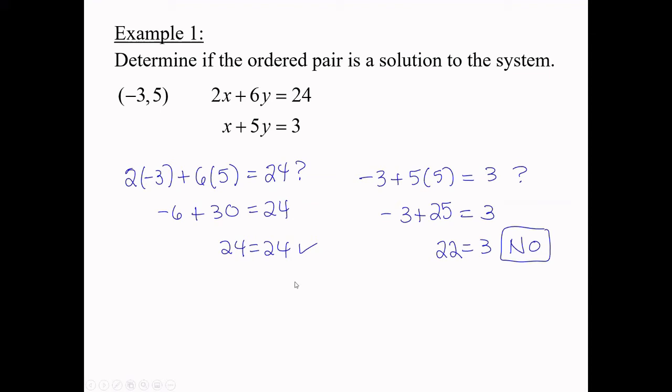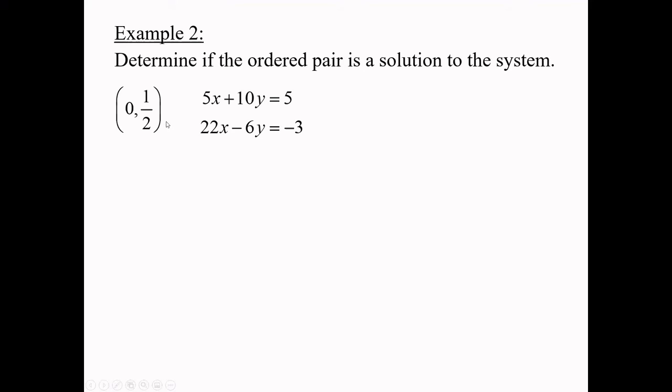Now, that's the process of determining, is an ordered pair a solution to the system? Notice that language. This will be on my test and the final. Okay, here's another one. Will this ordered pair work with both of those equations?